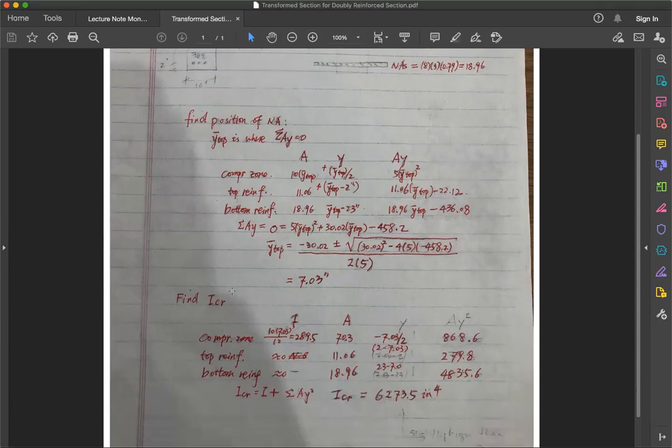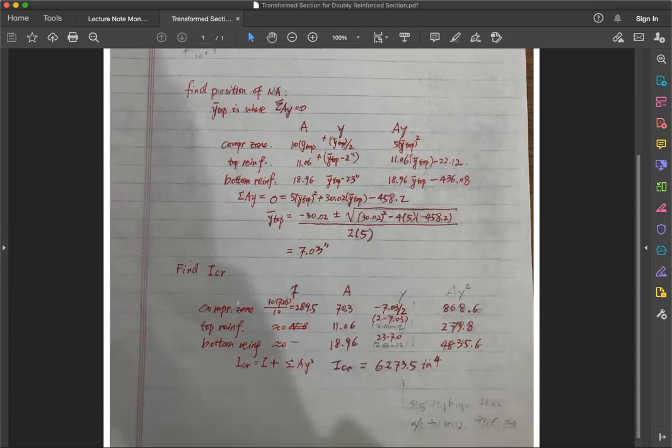And how to find I_cr afterwards? For the compressive zone, you find the moment of inertia of itself, and have A, which is the area, and Y, the distance between the center of the compressive zone and the neutral axis, and do the A Y squared.